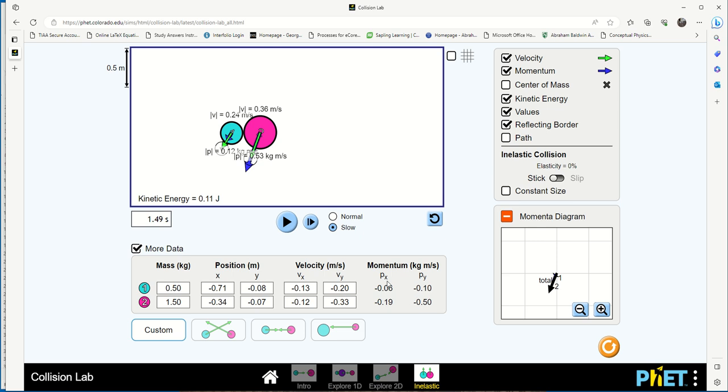Then right here, what is P1X final? 0.06. What is P1Y final? Minus 0.10. What is P2X final? Minus 0.19. What is P2Y final? Minus 0.5. Let me go ahead and enter those. Let me pause the simulation while I enter those.